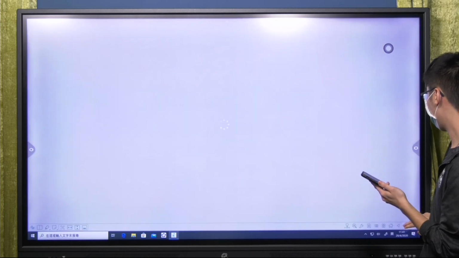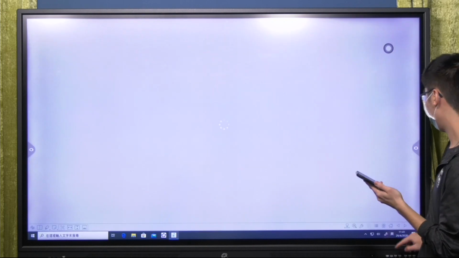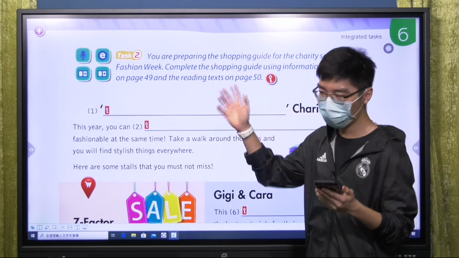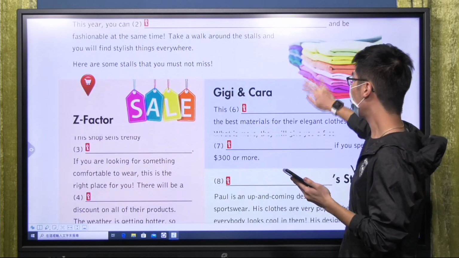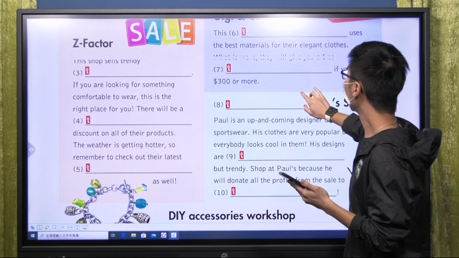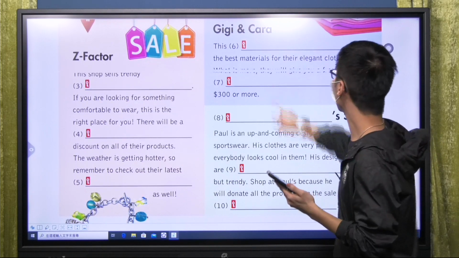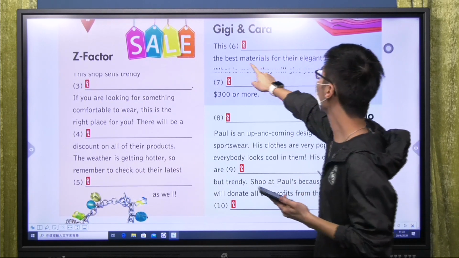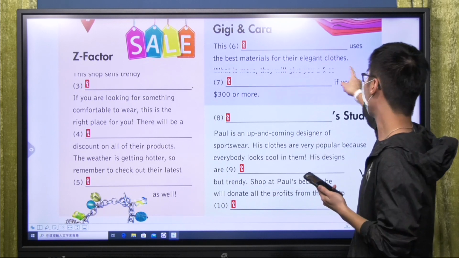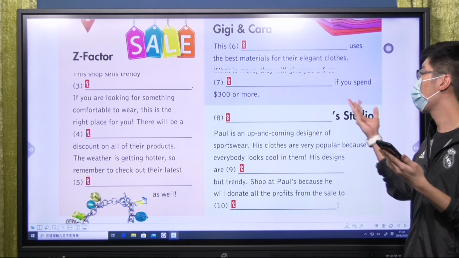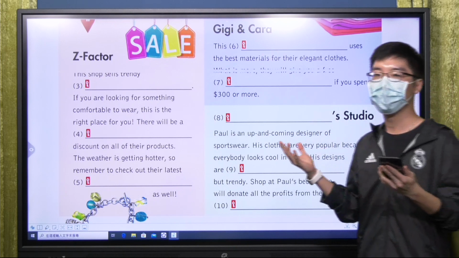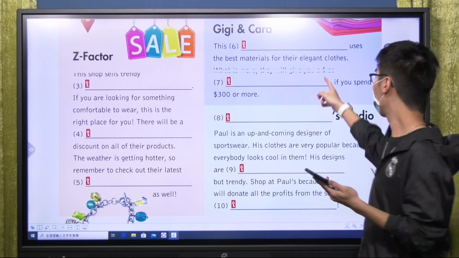So please flip your books to pages 49, 50, and 51, okay? For this one, you can see they use the best material for their elegant clothes. So what kind of product does Gigi and Carol use the best material for their elegant clothes?